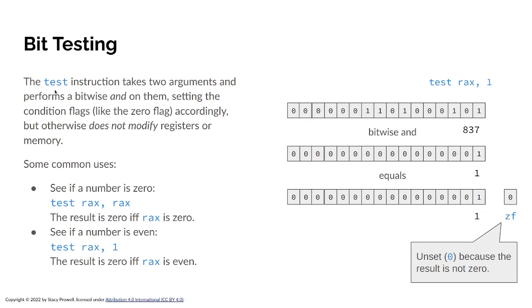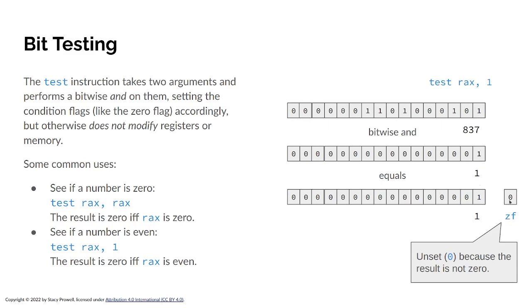That's because the test instruction sets flags, and in particular, it sets the 0 flag. If the result of this test is all zeros, the 0 flag will be set to 1. If it's got a 1 somewhere in it, or many ones, if it's not all zeros, this will be 0. So when I do this, and I get a 1, the 0 flag is clear.